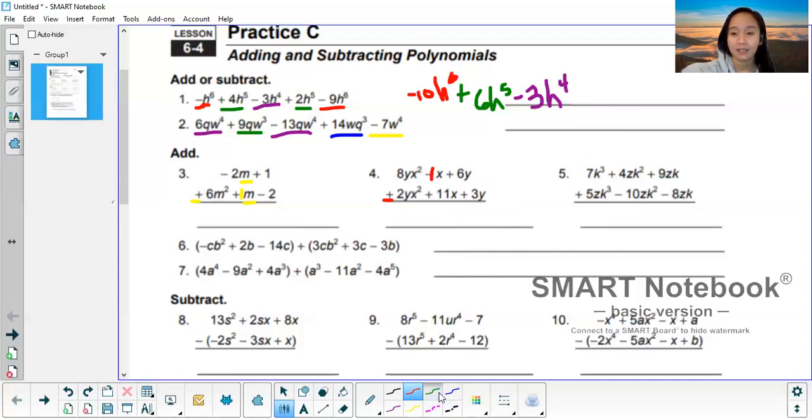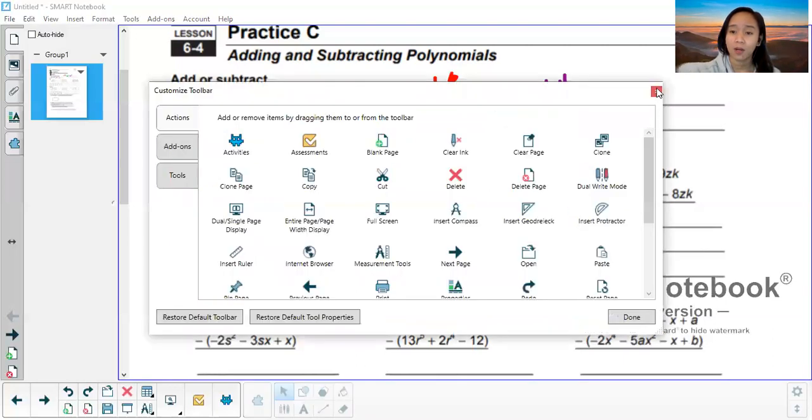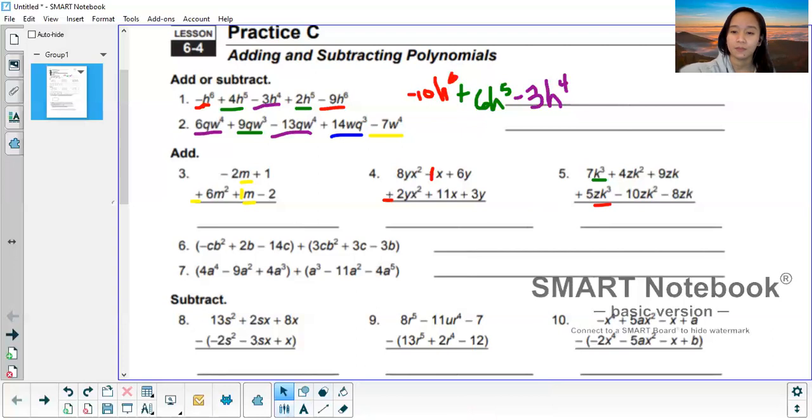Now this, we have here k cubed. And this one below is zk cubed. You cannot combine them because they are different terms. So you just copy 7k cubed plus 5zk cubed, okay? You don't have to combine them. But for this one, that's zk squared and zk squared. You may combine them because they are the same term.